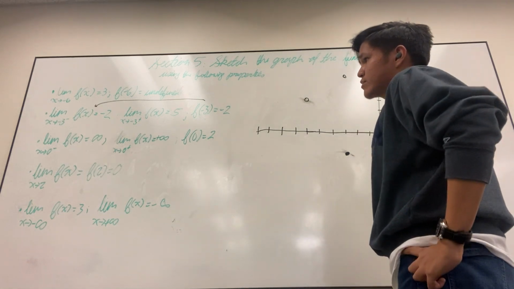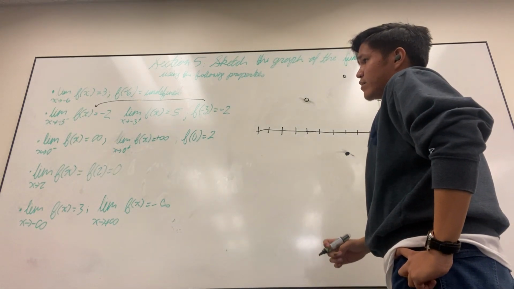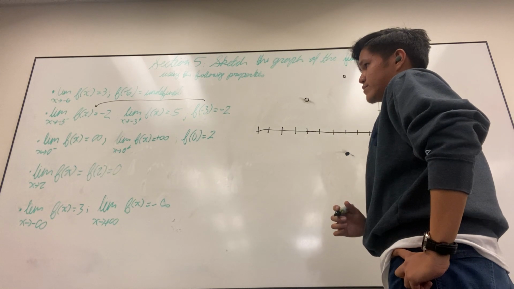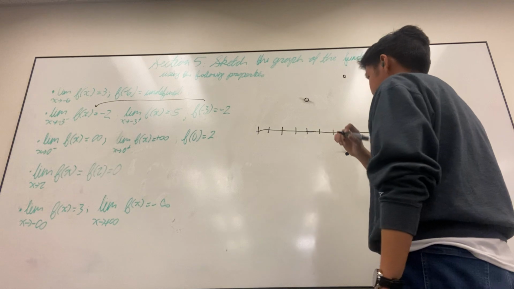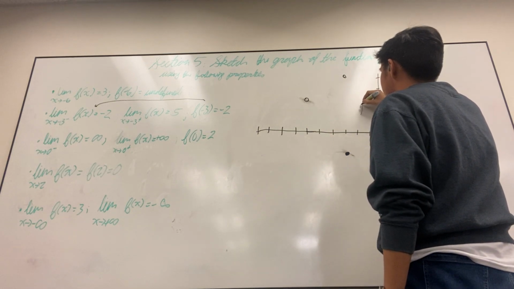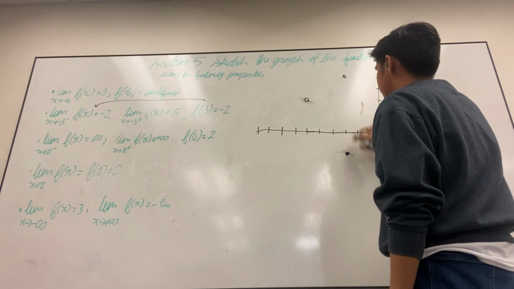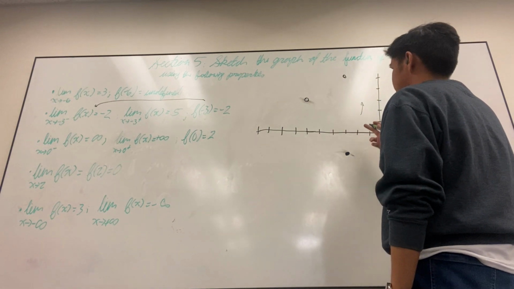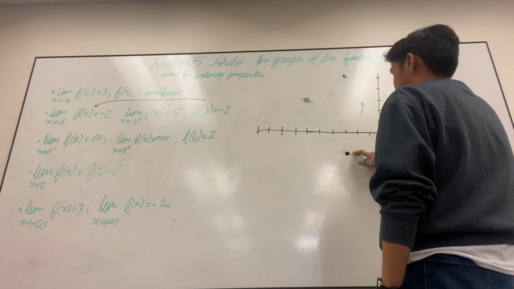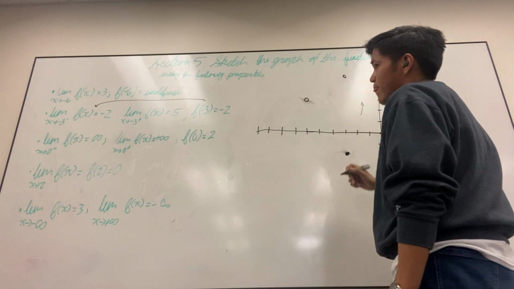Our next property is the limit of f of x equals infinity as x approaches 0 from the negative side. So from the negative side, we have the limit of infinity going up on either one of these two points. Most likely it'd be this point since it's more sketchable to go that way.